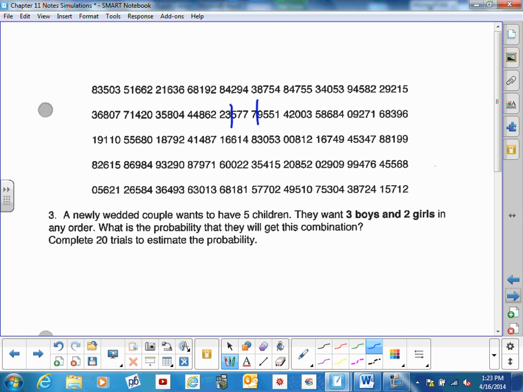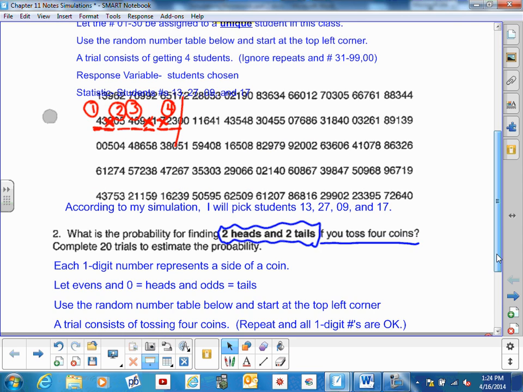Even or odd, and this coin toss is independent of this coin toss, is independent of this coin toss. They're all independent of each other, and I need to have the same probability in there, so it's fine. That would just be tails, tails, tails, tails, and that could happen. All right, so repeats are okay in a trial, and all the digits 0 to 9 are also okay. There's nothing I need to take out.